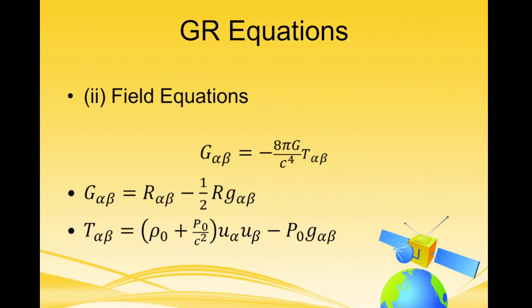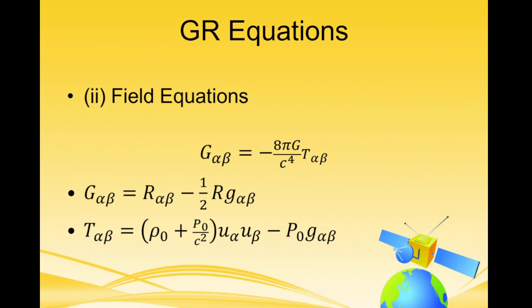Okay, we had the field equation, and in the field equation we said the G is the Einstein tensor and the T is the stress tensor. Okay, and the Einstein tensor is defined in this way, and the stress tensor is defined in this way. Okay, in the morning we saw a lot of density and pressure.